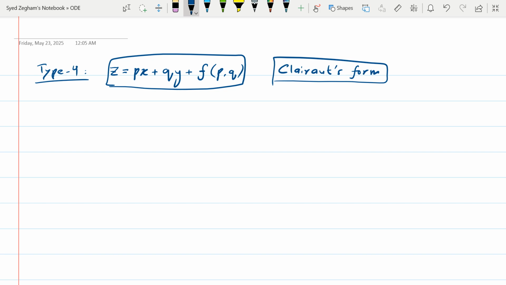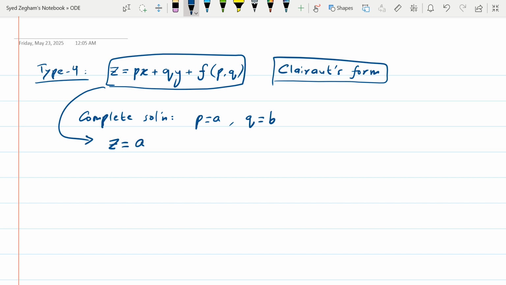Now, first thing is how to find the complete solution. To find the complete solution, we will simply put p equal to a and replace q by b.